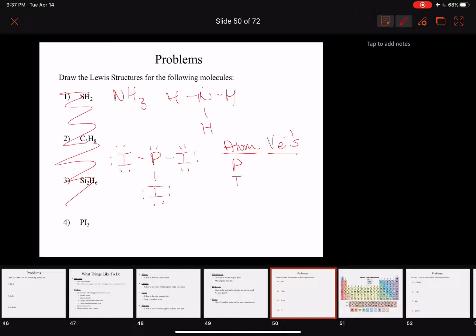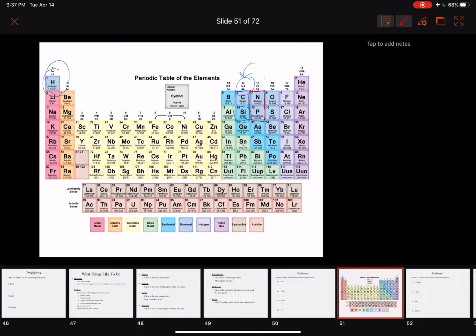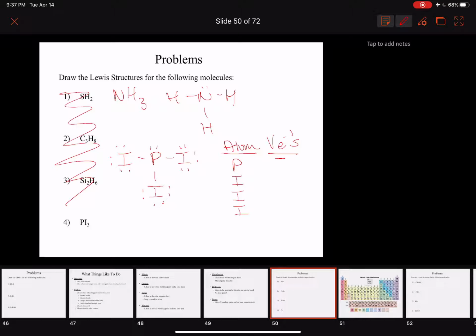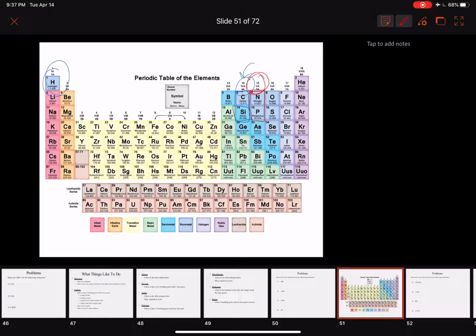So we have phosphorus, iodine, iodine, and iodine. And phosphorus is in group 15 or 5A. So it has 5 valence electrons. And iodines are halogens. Do you remember how many valence electrons halogens always have? They have 7.